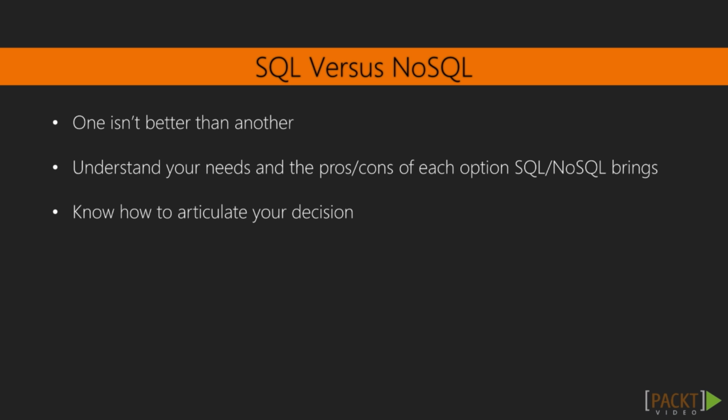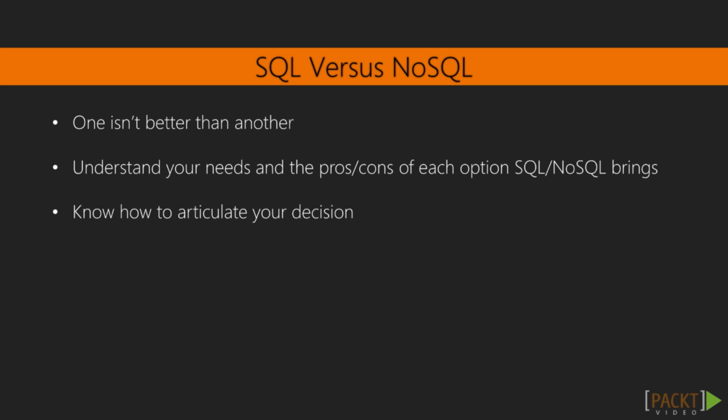So a few things I wanted to point out, the first being, one is not necessarily better than the other. The thing to keep in mind is that it's really going to depend on your situation. Which brings me to the second point.